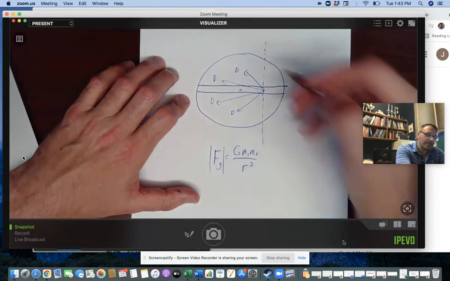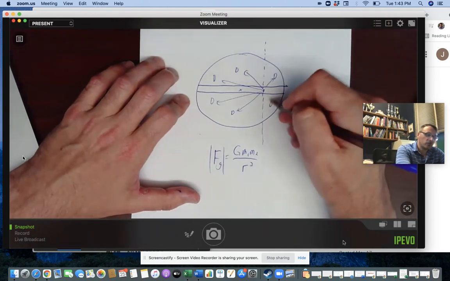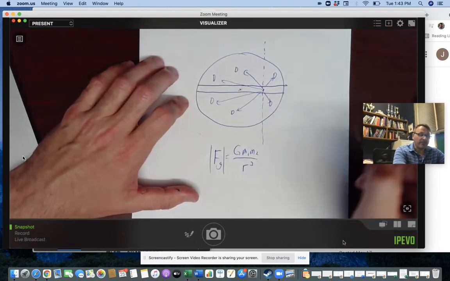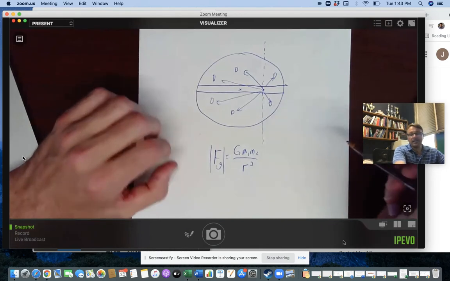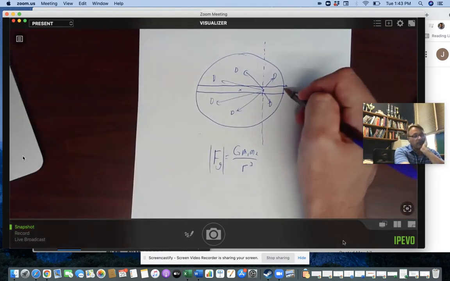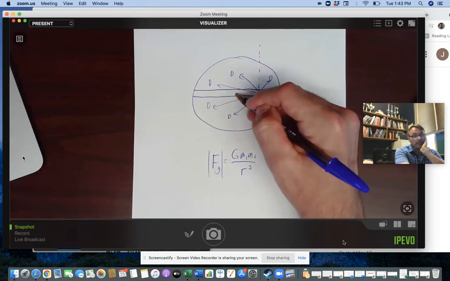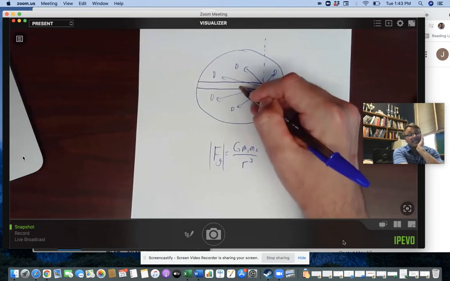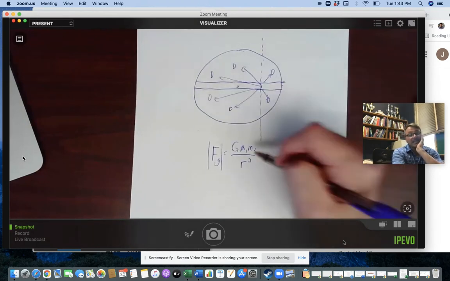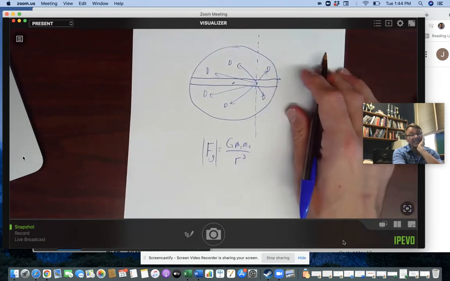But simultaneously, this mass is pulling it, trying to get it out, right? And so what ends up happening is that as you go from the surface of the Earth towards the center, the force of gravity on you actually decreases, meaning that this can't be the equation for it once you're inside the planet.